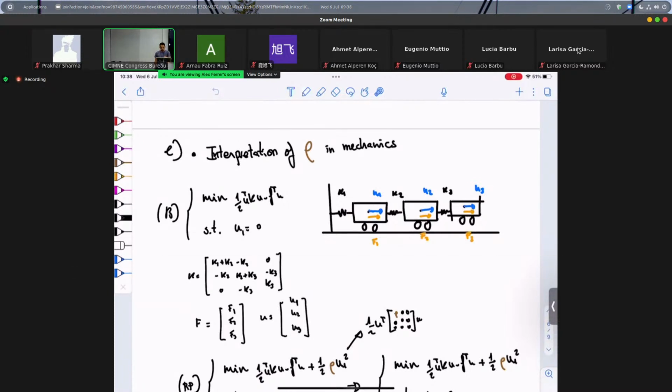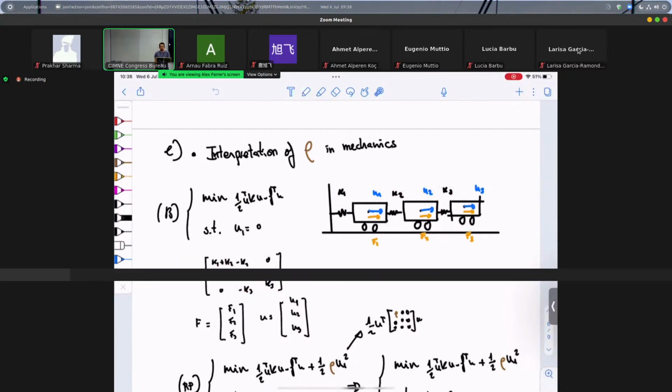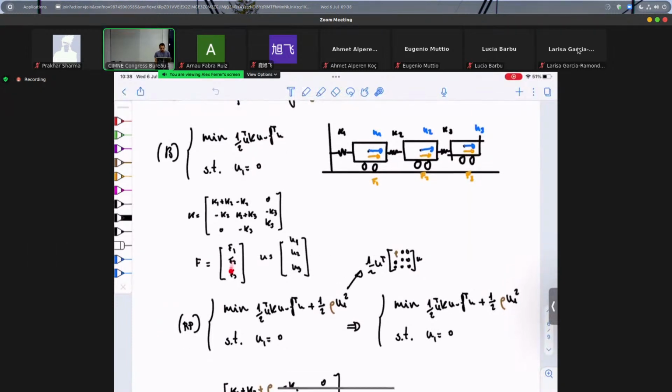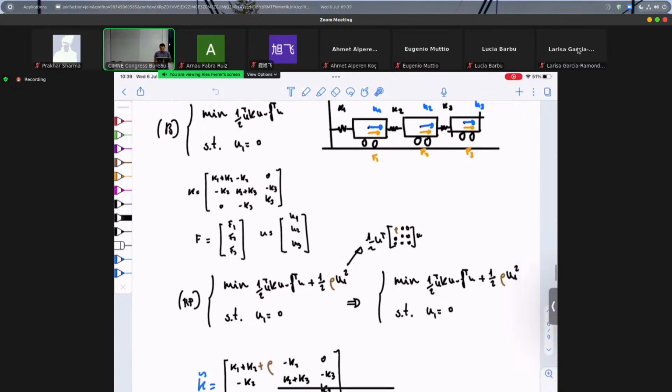So your internal energy should be equal to the external work. Okay. And K is a stiffness matrix, which is the addition of the K's. And F are the forces that you apply at each point. F are in color in yellow.